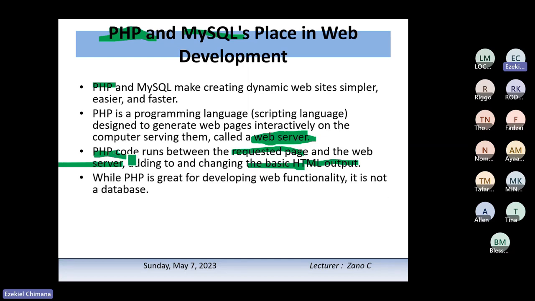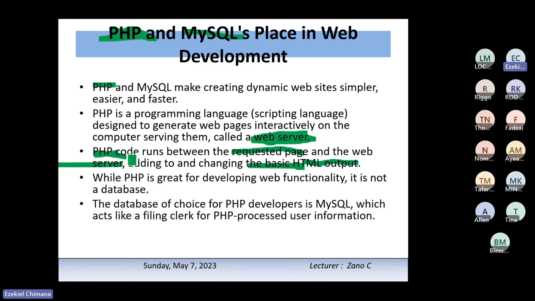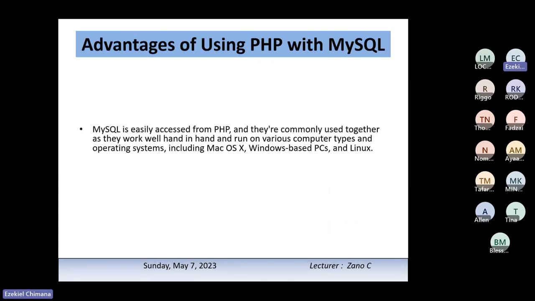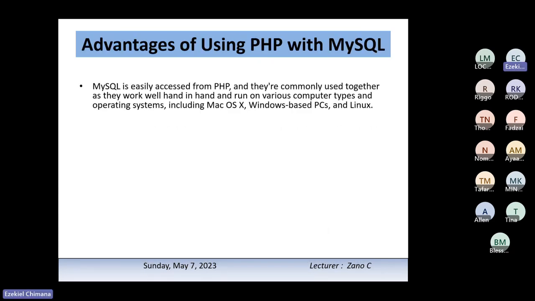So where PHP is great for developing web functionality, it is not a database. So you need what? The database. So the database of choice for PHP developers is MySQL, which acts like a filing clerk for PHP processed user information.